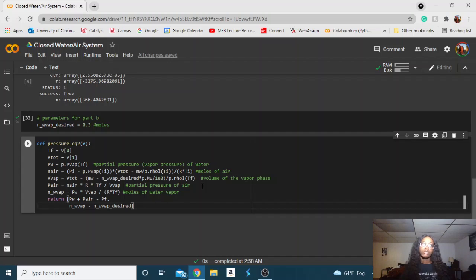And the reason we're able to do this is because the moles of water vapor in the container is going to be equal to the moles of water vapor that we want. So we can subtract either term from both sides, whichever we decide to choose, because there's only one term on each side, and set that equal to 0, and that will be our second nonlinear equation.